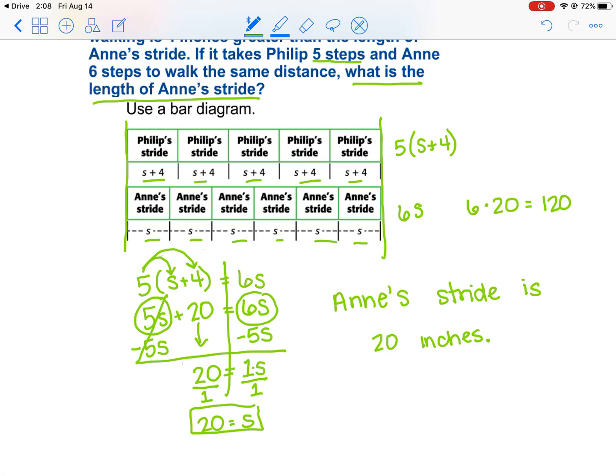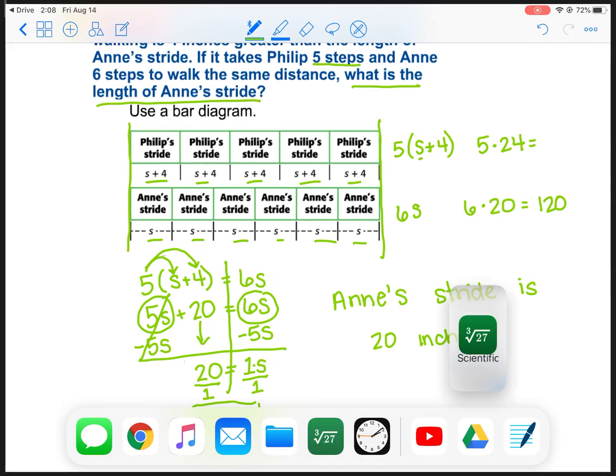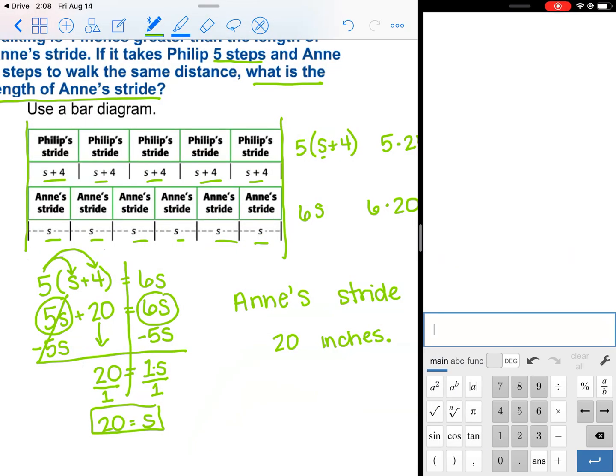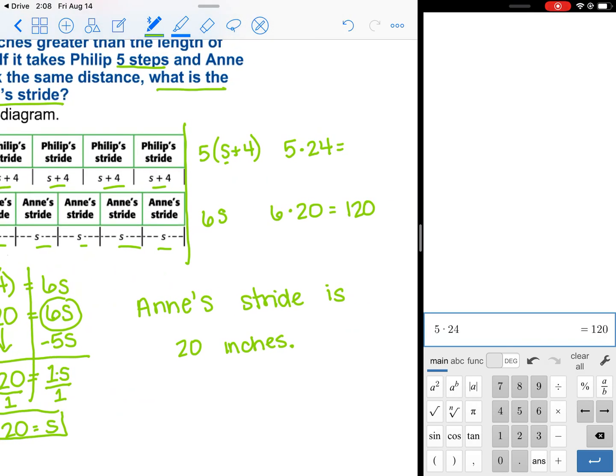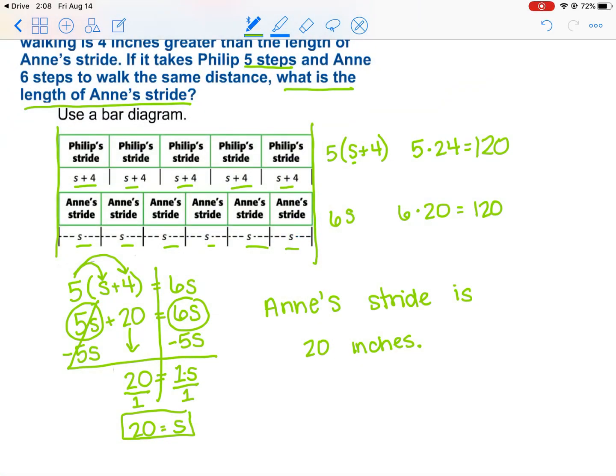If Philip's stride is 4 more than Anne's, that means that Philip's stride is 24 inches. So he would have the expression 5 times 24. And if we check that, 5 times 24 is also 120. So they both went 120 inches with Philip taking 5 steps and Anne taking 6.